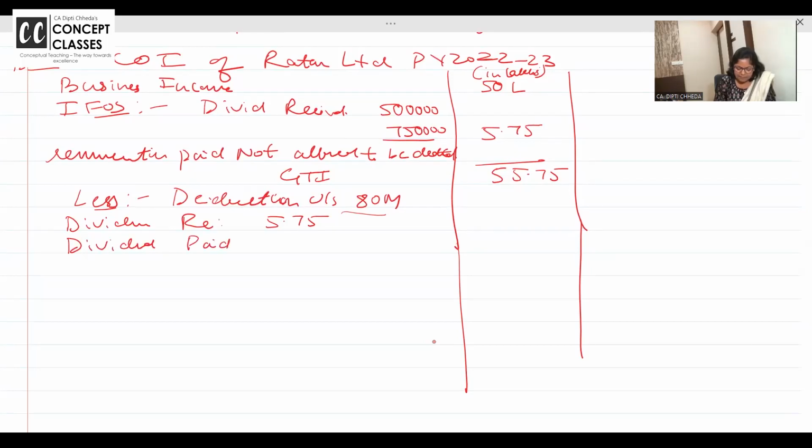Dividend paid is given as 4,60,000. So whichever is lower is allowed to be deducted, so that none of the income is taxed doubly. Otherwise, dividend received is passed on to the shareholder and it would be taxed twice. So dividend received is 5,75,000, dividend paid is 4,60,000, the least is deductible.